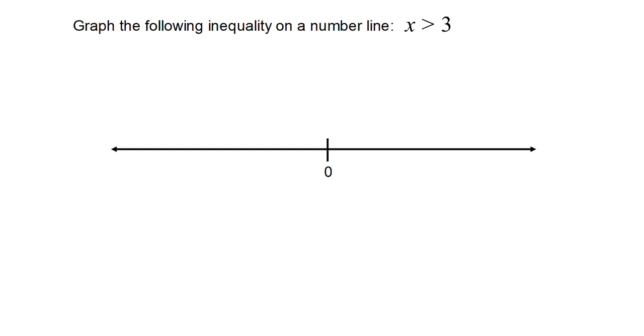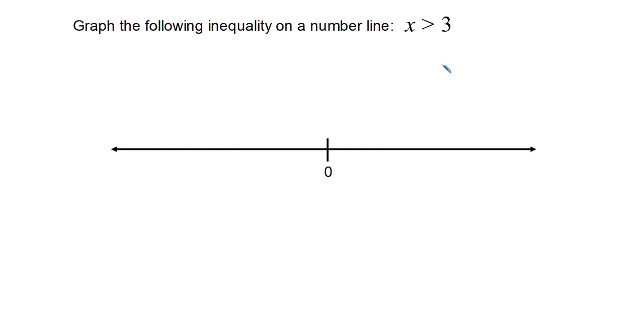We're going to take this inequality, x is greater than 3, and graph it on a number line. So just to make sure everyone's clear on what this inequality means: whenever you have an inequality, either like this or with an equal to portion added to it, the thing on the open end of it is always the larger thing.